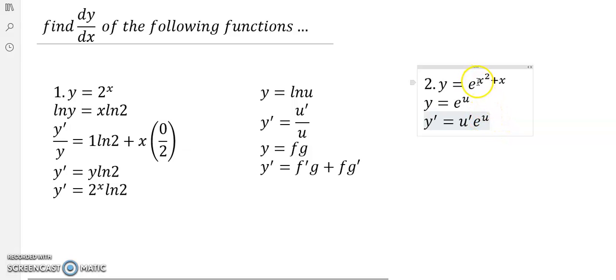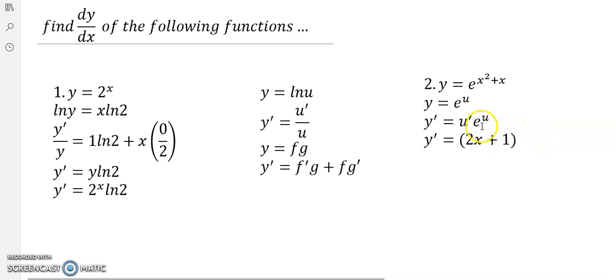The value of u is nothing but x squared plus x, then u prime is the derivative of this one. Okay, then if we derive this one, we're gonna have y prime equal to the derivative of u, and the derivative of u is this one, and if we derive this one, we're gonna get 2x plus 1, because the derivative of x is 1.